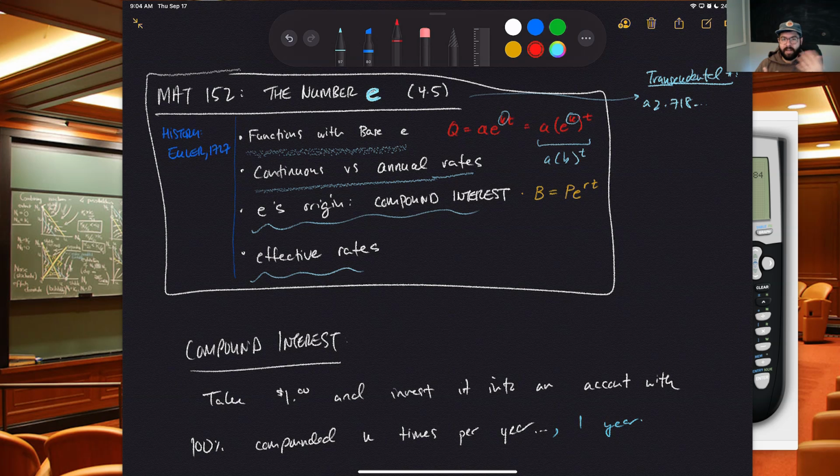We've looked at functions that have a base e, what their structure is, a e to the kt as compared to a times b to the t, or a times 1 plus r to the t. We looked at continuous versus annual rates, and we looked at how to compare effective rates for something that's given with either compound interest or continuously compounding interest or continuously compounding decay. So you'll notice it's kind of wordy. We have to throw in that word continuous if we're talking about e, because otherwise it's uncertain how frequently we're compounding.